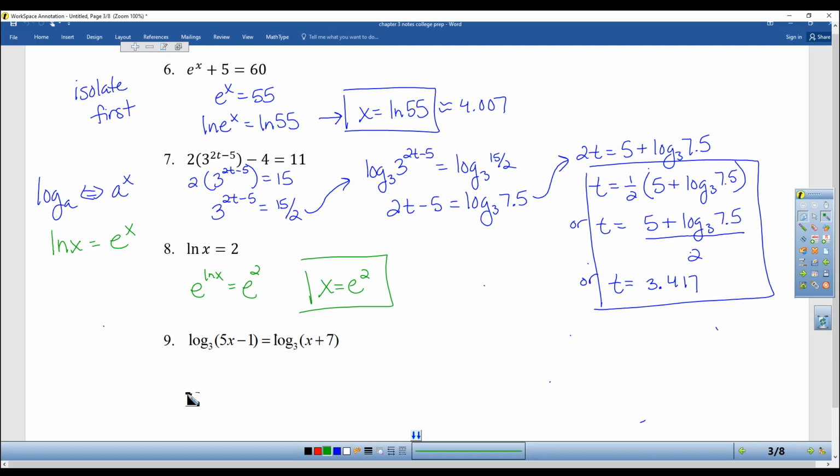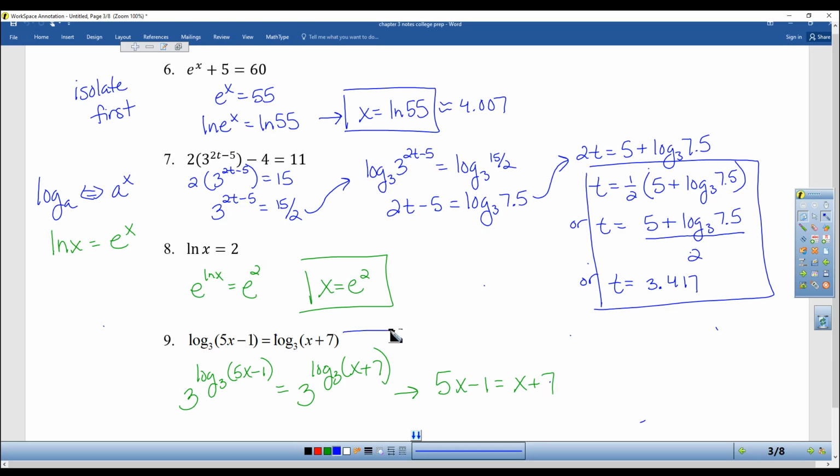On this one, I'm going to raise them both, exponentiate them with a base 3. Whatever you do to one side, you have to do to the other. And the 3 as a base for the exponent and a 3 as a base for the log cancel each other out, and I get 5x minus 1 is equal to x plus 7.